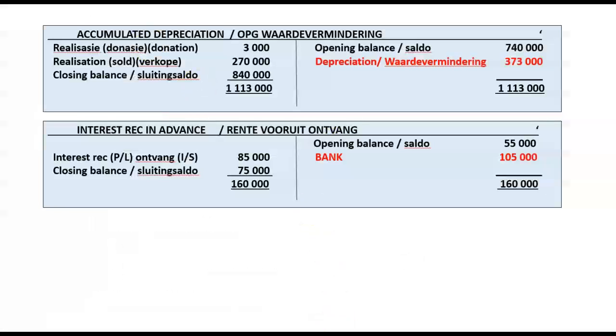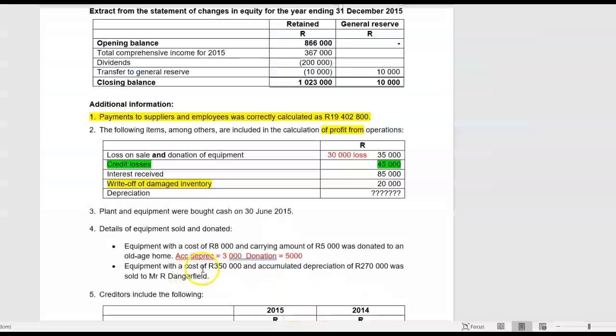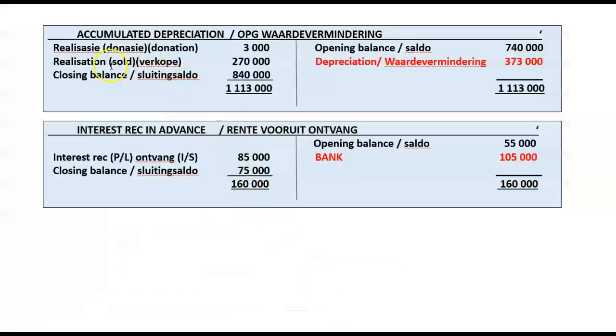We do not have that equipment anymore. So in our accumulated depreciation, we would have taken it to the donation or the realization on the donation account, 3,000 Rand. Then furthermore, we have sold equipment and the accumulated depreciation on the equipment sold was 270,000. So that would have been transferred to an asset realization or disposal of an asset account, 270,000.